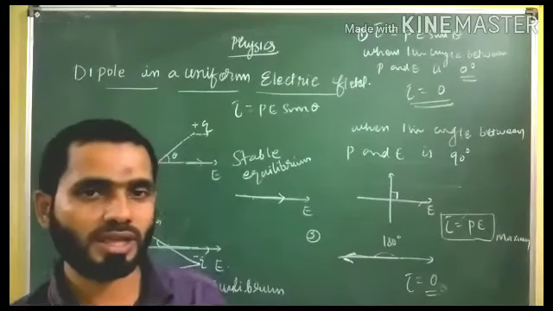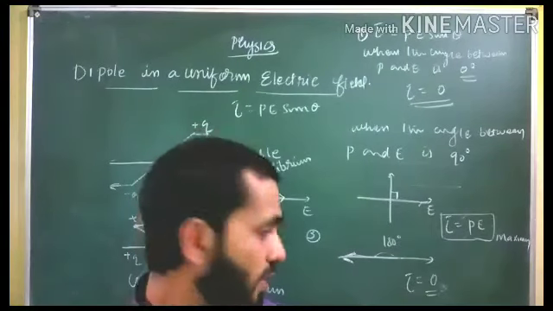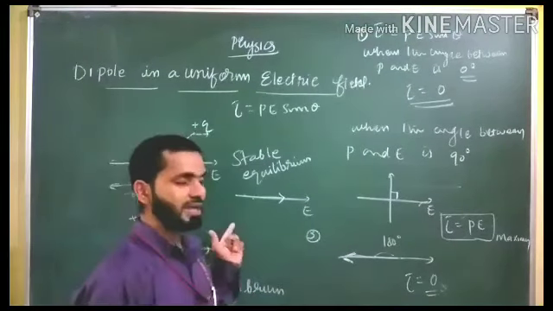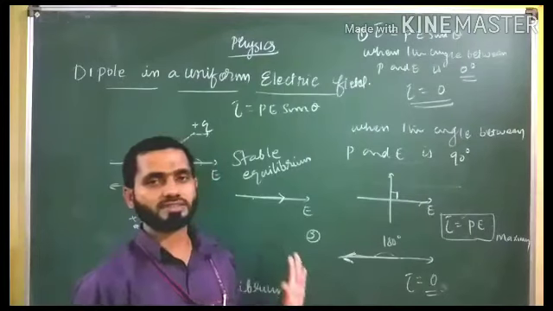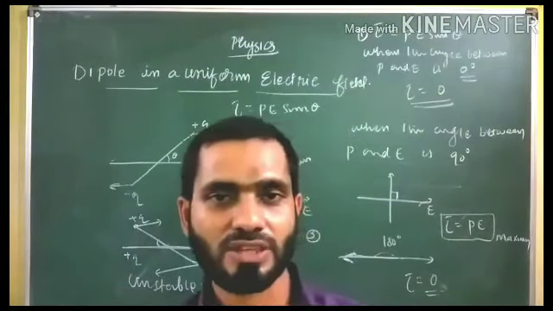The 0 degree position is called stable equilibrium, and the 180 degree position is called unstable equilibrium. Okay, students, go through these derivations and study well.